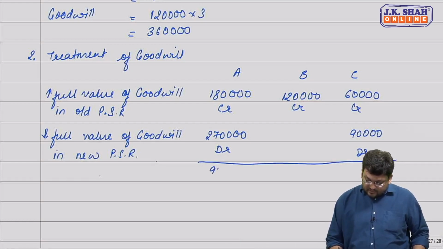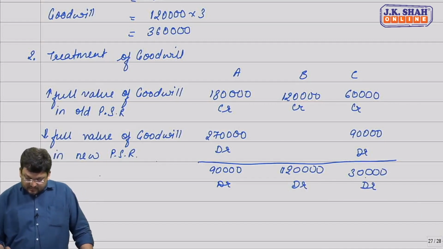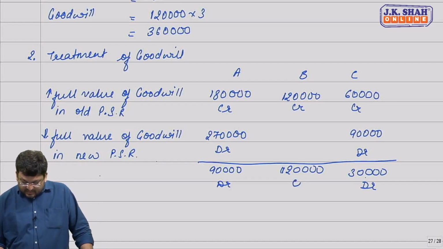So A's capital should be debited with 90. B's capital will be debited with 120. C's capital will be debited with 30. So B's capital will be credited with 120.